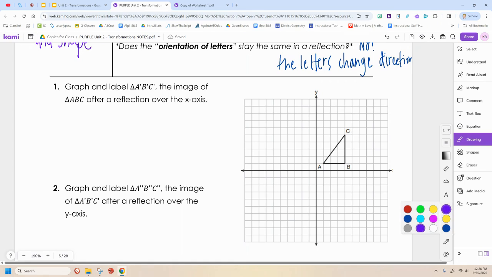It says graph and label triangle A prime, B prime, C prime, the image of triangle ABC after a reflection over the x-axis. So underline that or box it in or whatever you want to do. This is where you need to slow down, just like counting left and right.